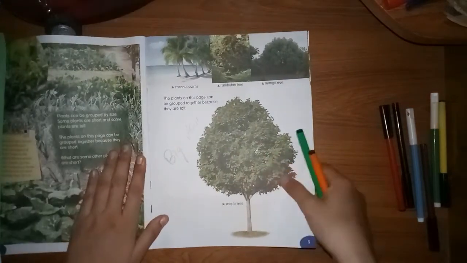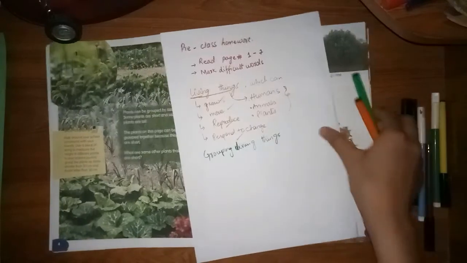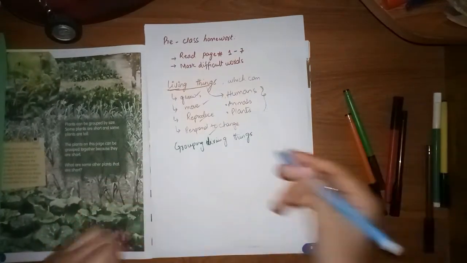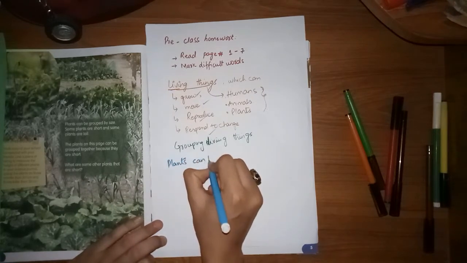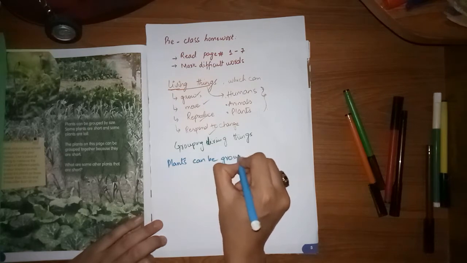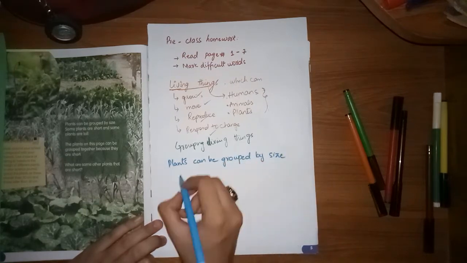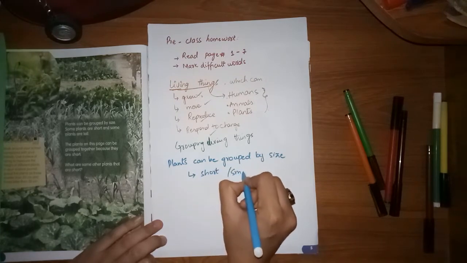Now moving towards the next page, what we could summarize is that plants can be grouped by size, whether they are short or small.